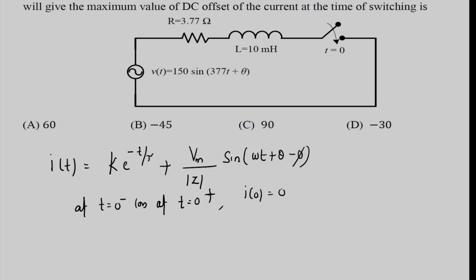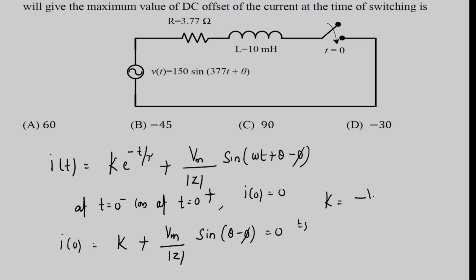If you substitute that, you are going to get I of 0 is equal to K plus Vm by mod z into sine of theta minus phi is equal to 0, which implies K equal to minus Vm by z into sine of theta minus phi, or if you take the minus inside the sine, Vm by z into sine of phi minus theta.